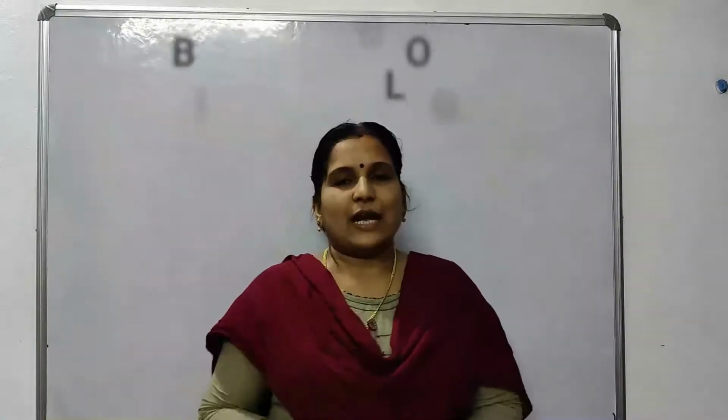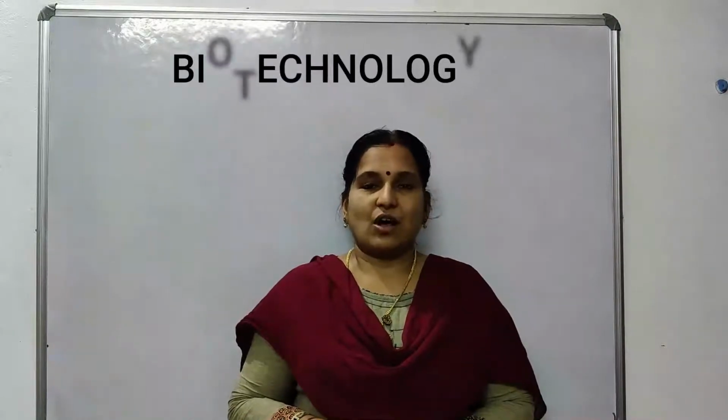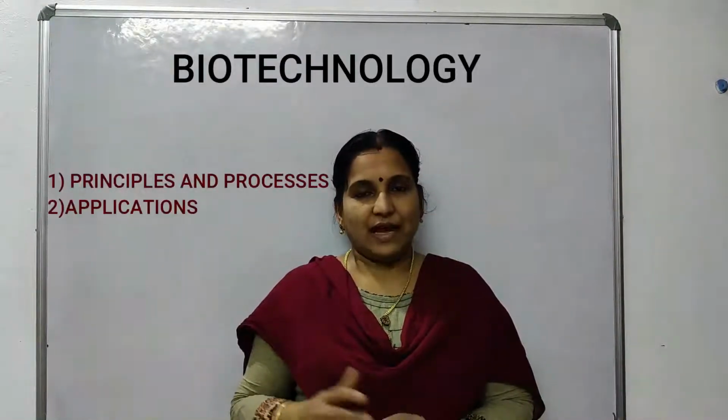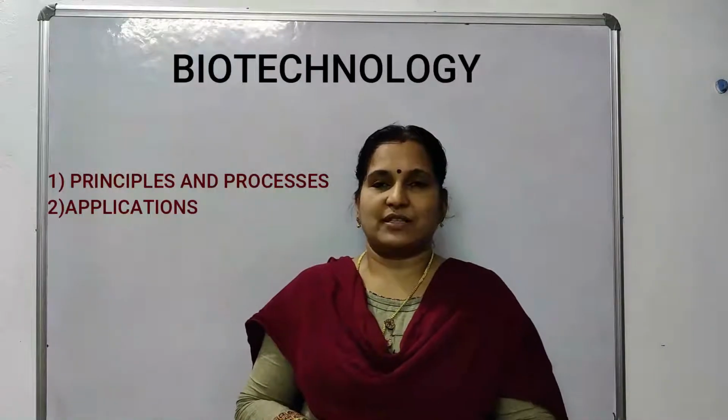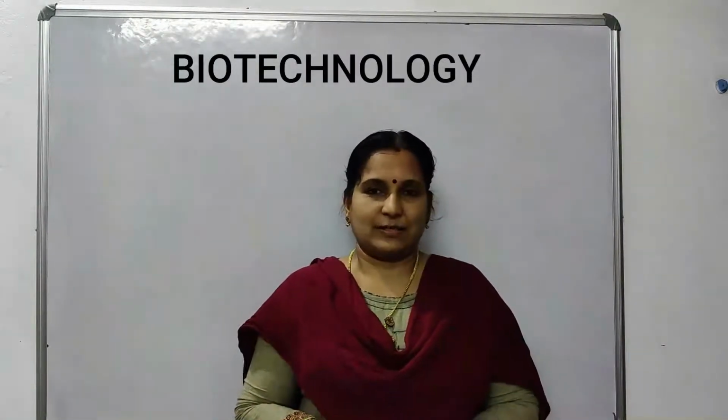Okay, the next unit is biotechnology. There are two chapters coming under this unit: principles and process of biotechnology and the applications of biotechnology. So we can study the first lesson, that is principles and process of biotechnology.